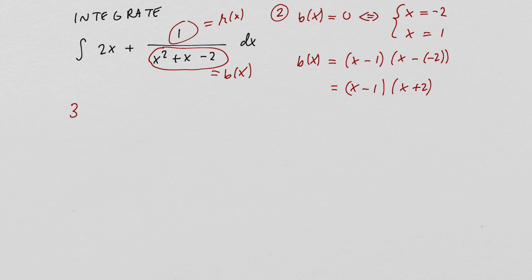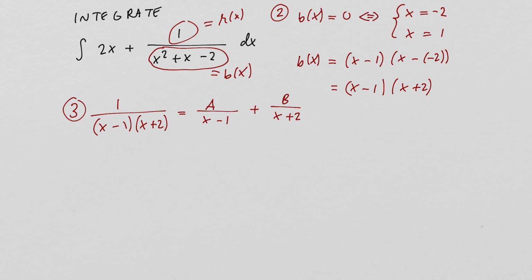And step 3 would be to write a formula like this, and then we need to solve for these constants. Let's multiply with b.